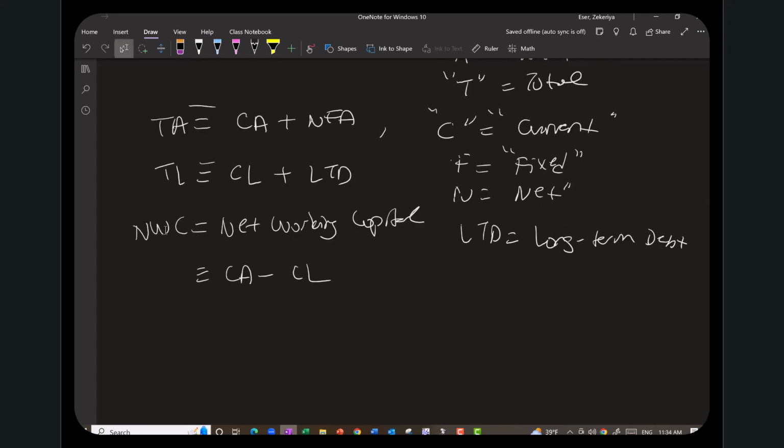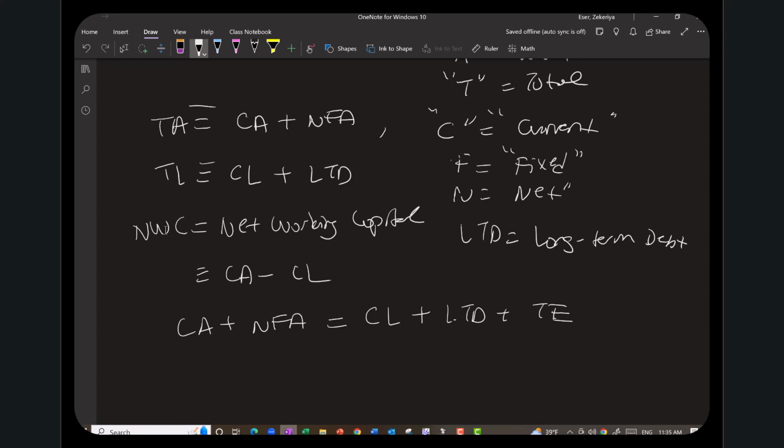Which means we can expand the entire balance sheet identity as: total assets are current assets plus net fixed assets, and they're equal to current liabilities plus long-term debt plus total equity.